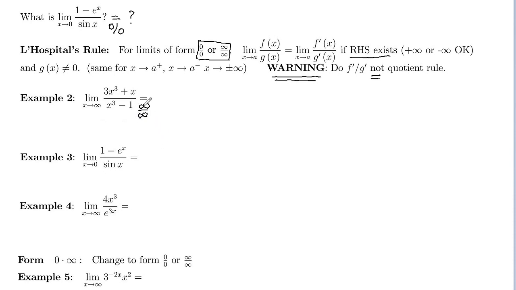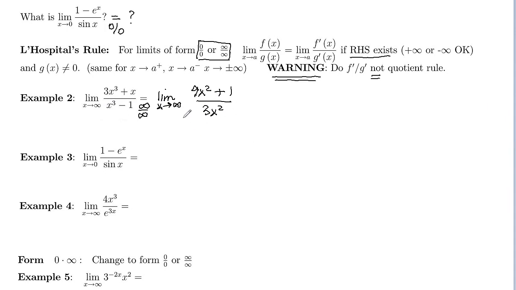So since this is an indeterminate form, we can apply L'Hopital's rule. This will equal the limit as x goes to infinity, and then differentiate top and bottom separately. The derivative of the top is going to be 9x squared plus 1. And then the derivative on the bottom is 3x squared, and the derivative of 1 is 0.